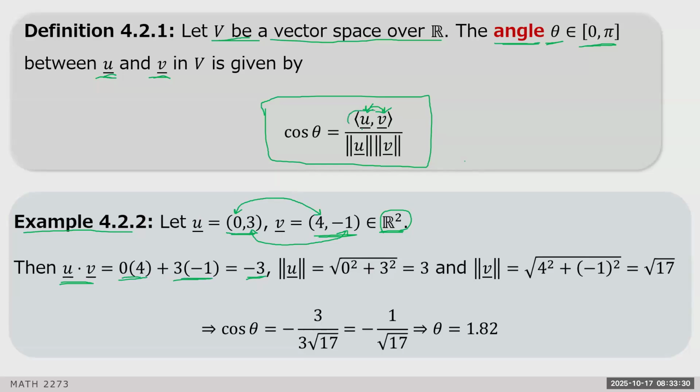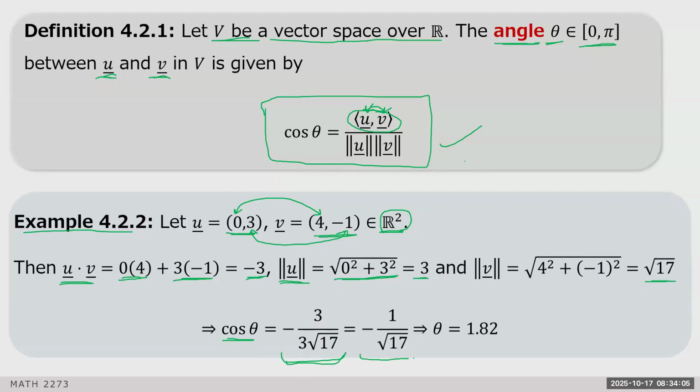So what we just worked out was this numerator. Now we need to get the length of each vector. The length of each vector, if you're in R^n, is simply Pythagoras' theorem, so it's the square root of x squared plus y squared. In this case, the length of u is 3, and the length of v is root 17. So I can plug everything into this formula up here, and I get cosine of the angle between them is -3 over 3 by root 17.